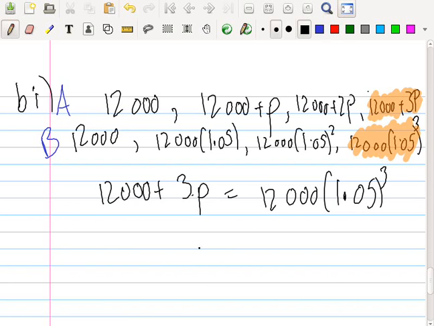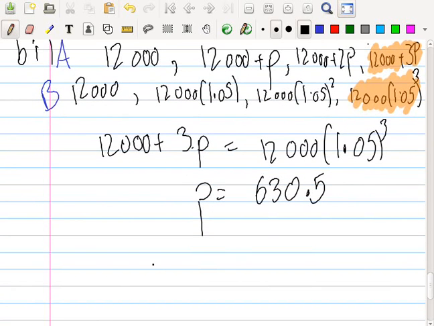So I got P equals 630.5. So person A's salary would look like this. First it starts off with 12,000. And then they get 12,630.5.